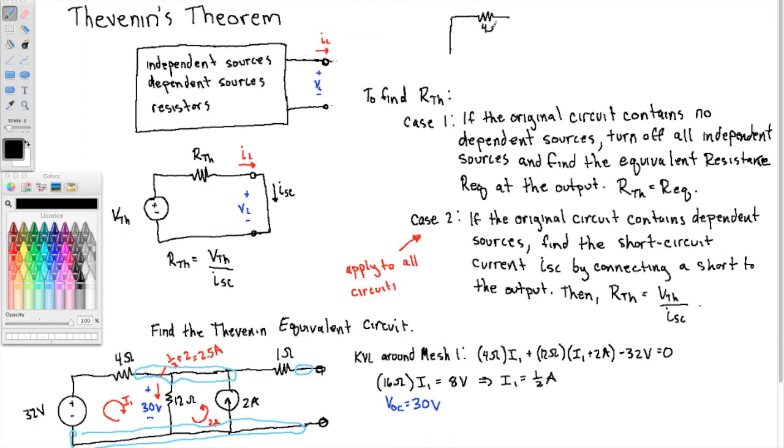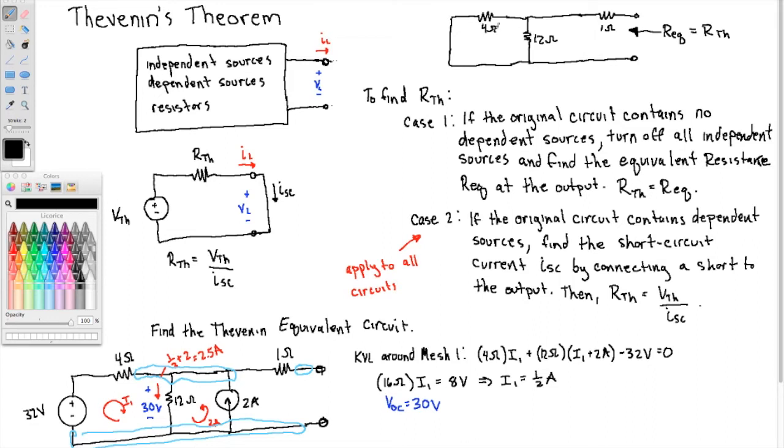So here's my 4 ohms. Here's 12 ohms. And remember that current source becomes an open circuit when you turn it off. 0 current. So here's my 1 ohm resistor, and I want to find the equivalent resistance there, and that is going to be equal to the Thevenin resistance.